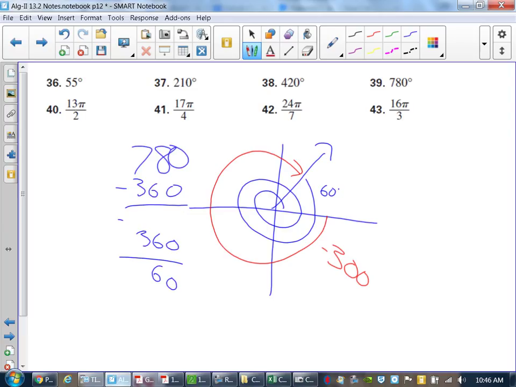Whenever you find your first coterminal, this is kind of the rule, guys. If your original angle given to you is beyond 1 revolution, the coterminal has to be within 1 revolution. Like for 37, I ended up with 570. Perfect, that's fine, because you have to go beyond it, and then you subtract it.